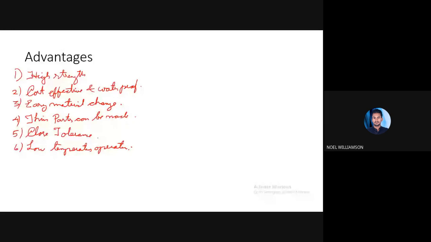Now we see what are the disadvantages or limitations of using fused deposition modeling. First one, the main thing is the part strength, which in the advantages we have seen has high strength.